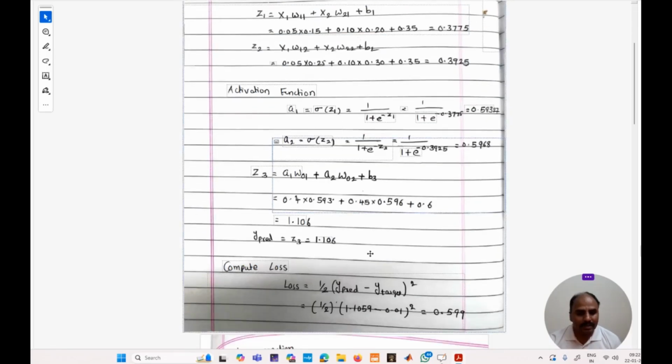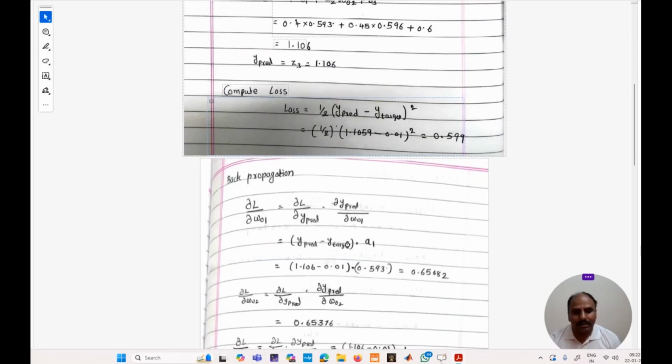So here first I am updating dou L by dou W1. But if you observe carefully in the loss, in dou L by dou W, there is no weight component over here. So if I differentiate directly, it tends to 0. It will give you the answer 0. It means there is no loss, but that is an incorrect answer because we have a loss of 0.599.